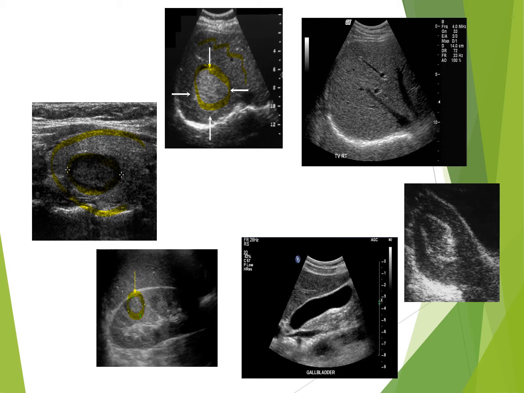Again, we have an isoechoic lesion because it is the same level of grays as the rest of the kidney parenchyma. We consider anything with fluid in them to be anechoic, so this gallbladder is anechoic. This endometrium here has a lot of different echoes within, so we would consider that a heterogeneous endometrium.